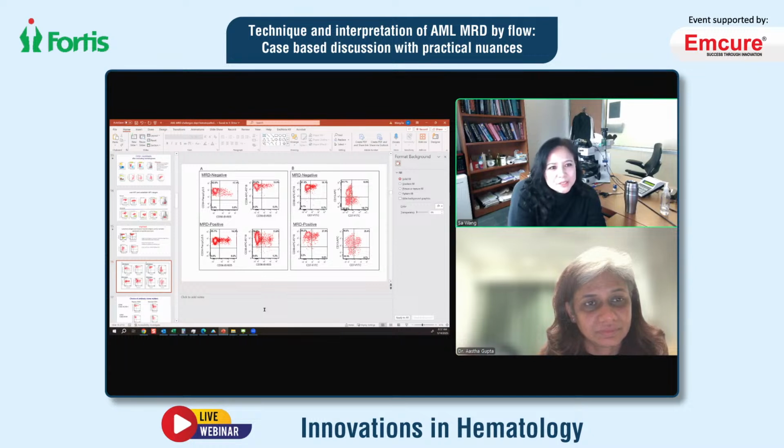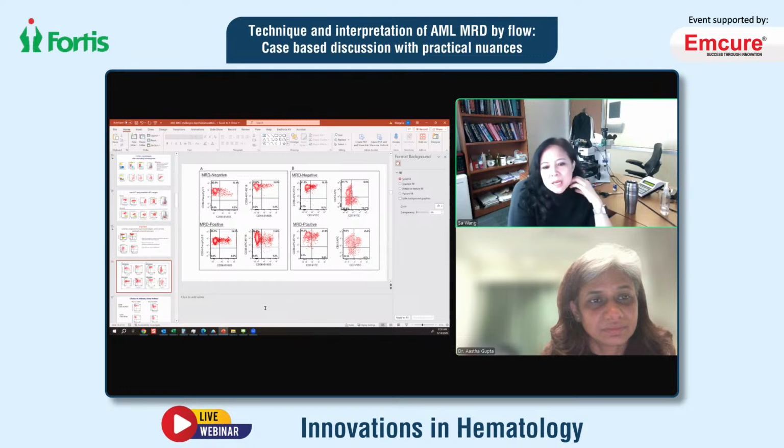In patients, when you don't have aberrant blasts after induction, you still see some abnormal mast cells. But in your post-transplant cases, if the mast cells are coming back, it's very likely a relapse. So if they disappear and come back, it's definitely a relapse.